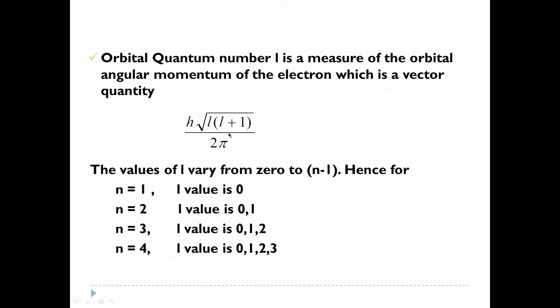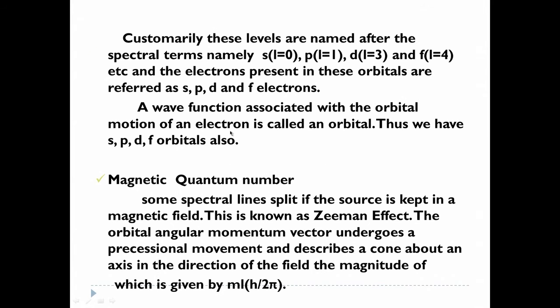Similarly, I can describe the spin quantum number and the magnetic quantum number. The magnetic quantum number will come into play only if we have a magnetic field. Normally in a magnetic field, spectral lines split, and that is known as the Zeeman effect. This Zeeman effect is also a very important part of our spectroscopic techniques, and it takes place in atomic absorption spectrometry.